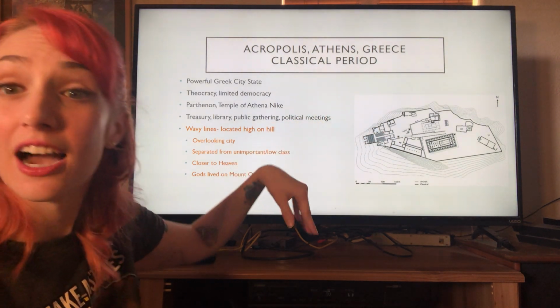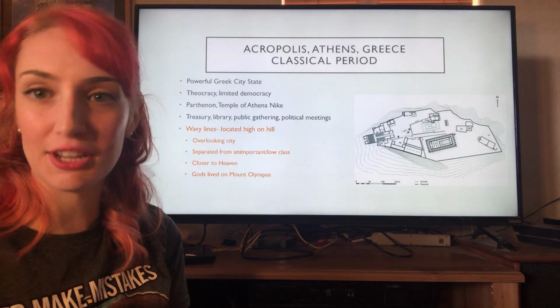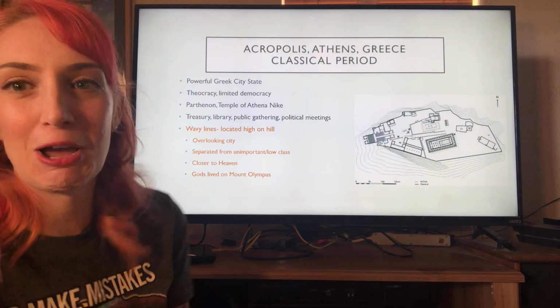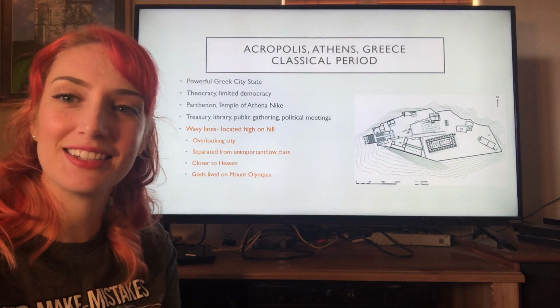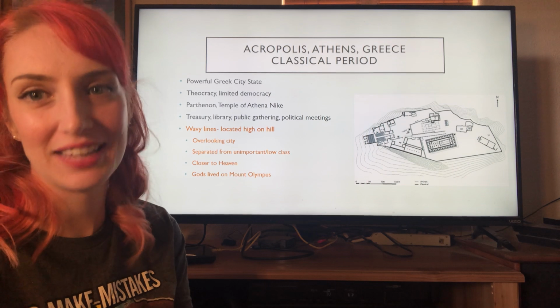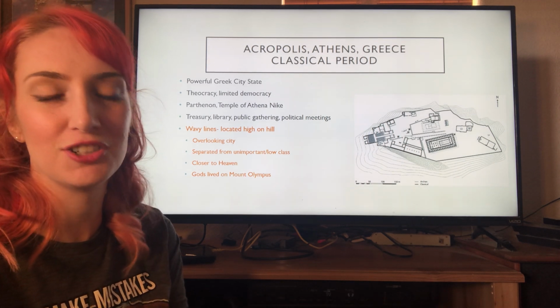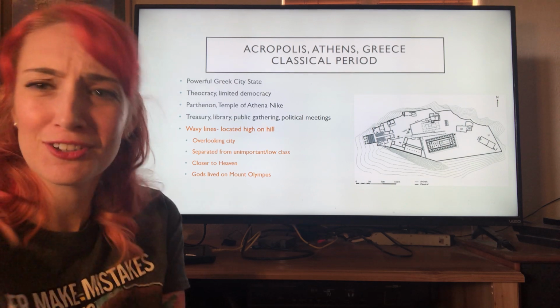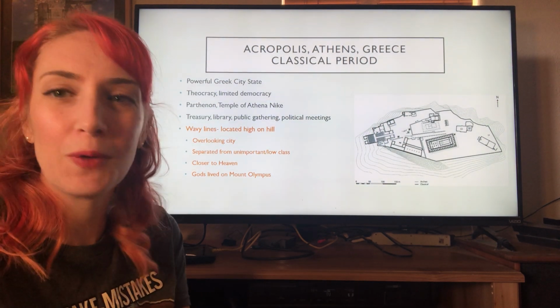This was a theocracy, so they're deferential to the gods. The gods are making political decisions. Sounds good. And it's also the birthplace of limited democracy. So only rich, wealthy landowners would be the ones making decisions, but at least someone outside of one dictator is making religion. So they're sort of making progress in a way.